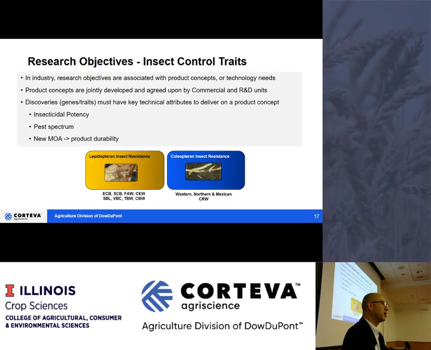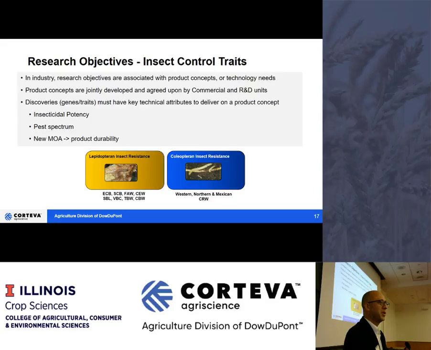I think you can get to that very easily. The problem is that insecticidal potency comes with a cost. And so normally when you have that potency, you have an effect on the plant. And so that is where you need to start figuring out, okay, what is the potency level that I need in my trait that is not going to compromise my crop?